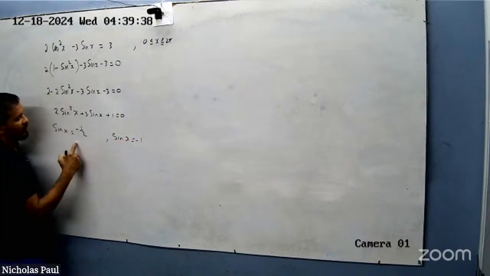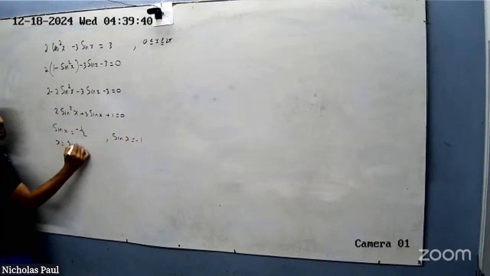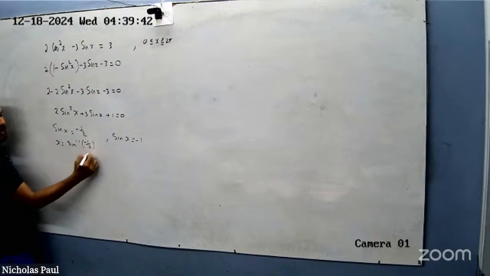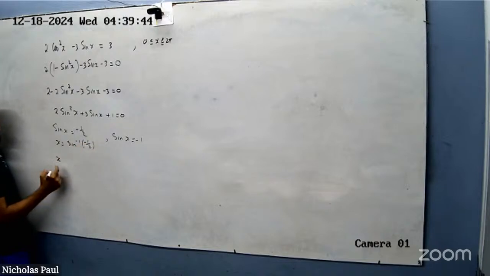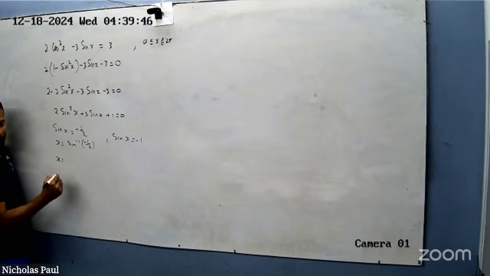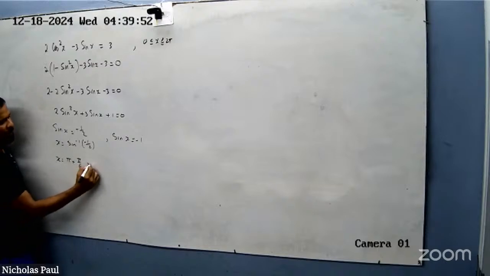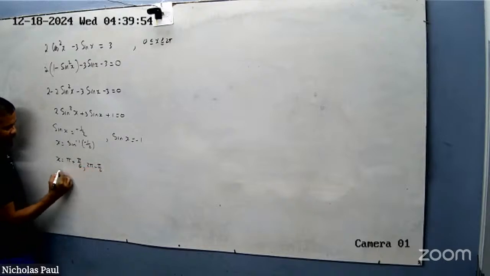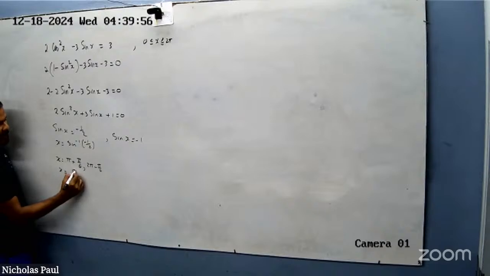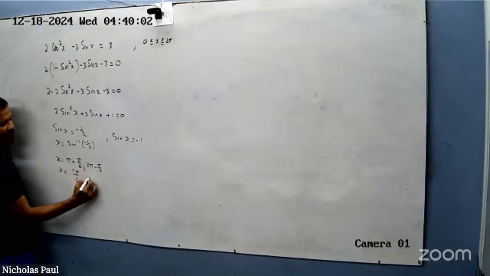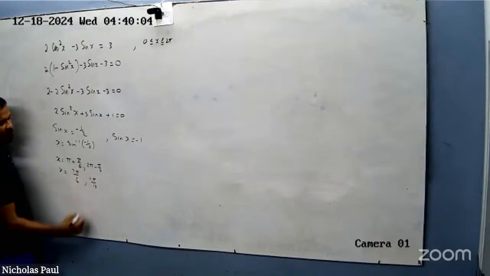Right. So x is equal to sine inverse minus a half. Sine is negative in the third and the fourth quadrants, right? So it's pi plus pi on 6, and 2 pi minus pi on 6. So that is 7 pi on 6, and 11 pi on 6.